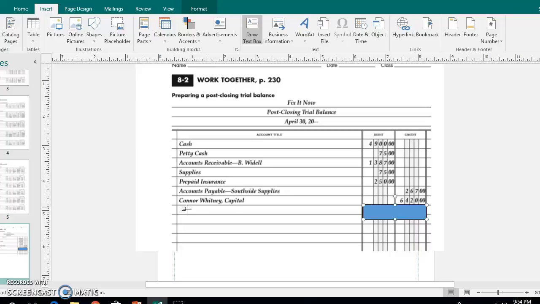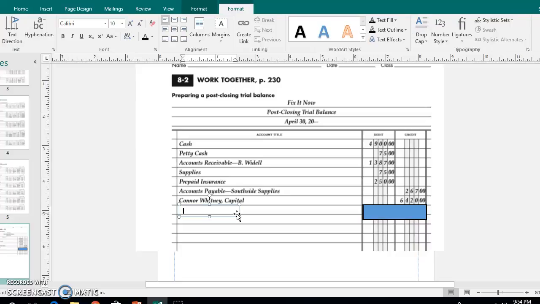And I failed to put totals on here, so I'm going to add it real fast. Okay, then we have totals.